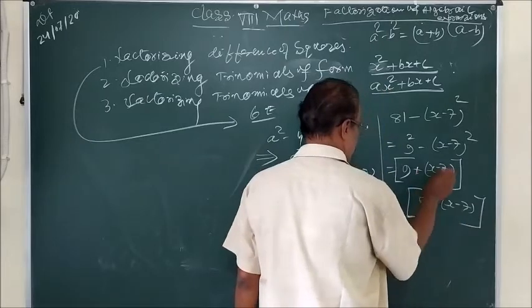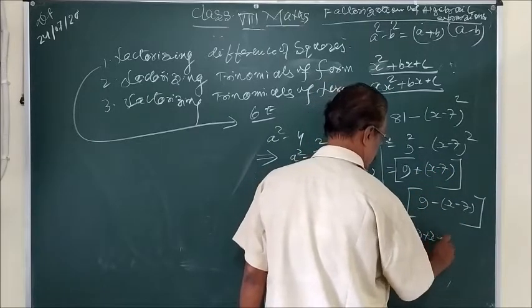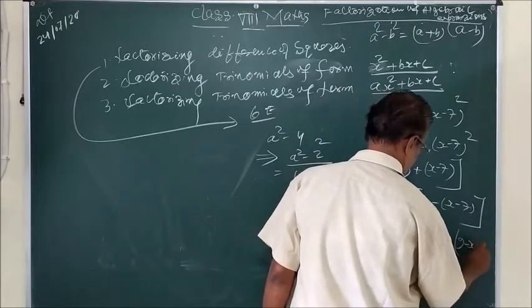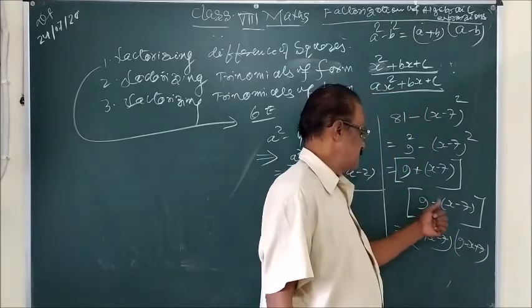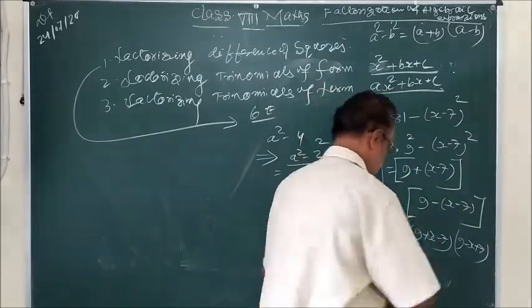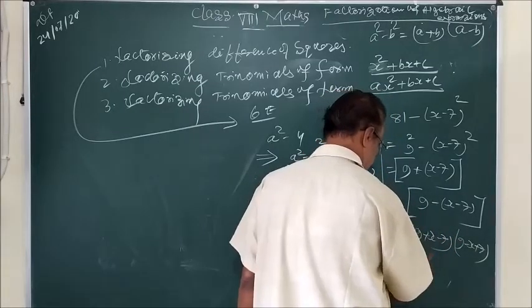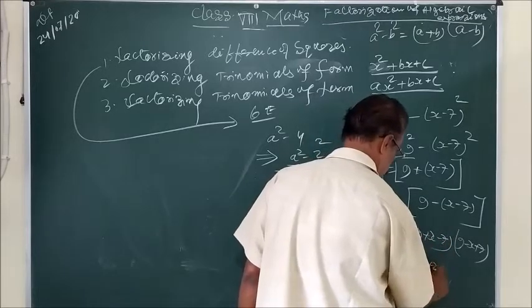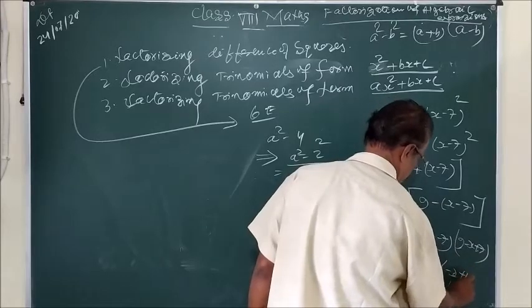Now you remove the bracket. Here is plus, so no sign change, 9 plus x minus 7, and this will be 9 minus x plus 7. Here, crucial step, here is a negative sign, so this will be changed into plus. These two are like terms, you can simplify. So you can write this as x, and this will be plus 2. And here will be minus x, and this will be 16.